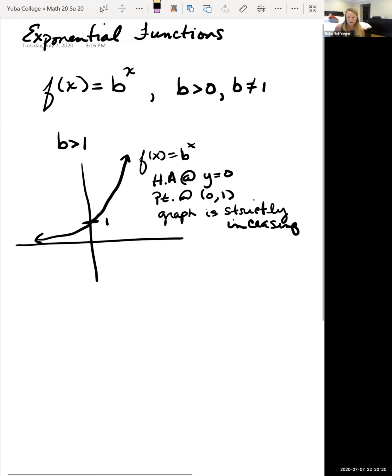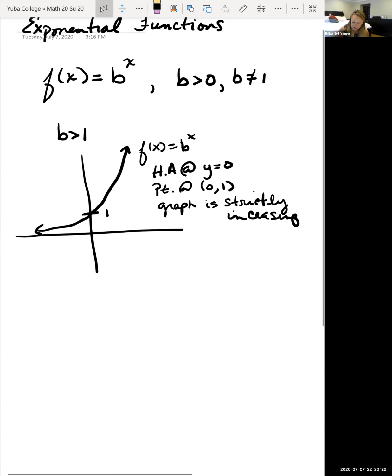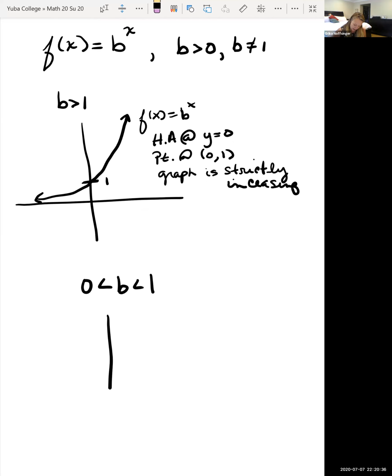Okay, if our value was between 0 and 1, that changes the shape of our graph. And so if b is between 0 and 1, couldn't be 0 or 1 because they're not defined as a function, then our graph ends up being a reflection of this across the y-axis. So it looks like this.